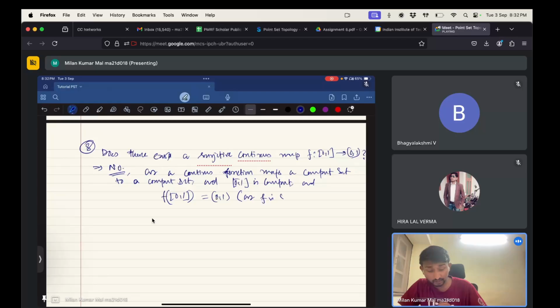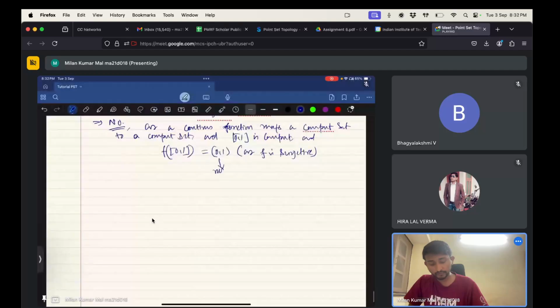As f is surjective. So f of the closed interval [0,1] is not compact. So there does not exist any such map. I hope it is clear.